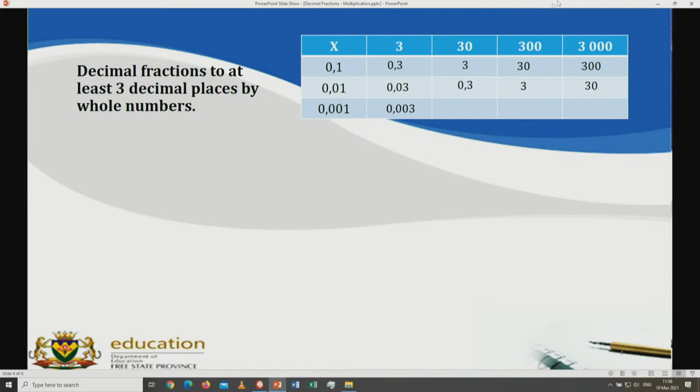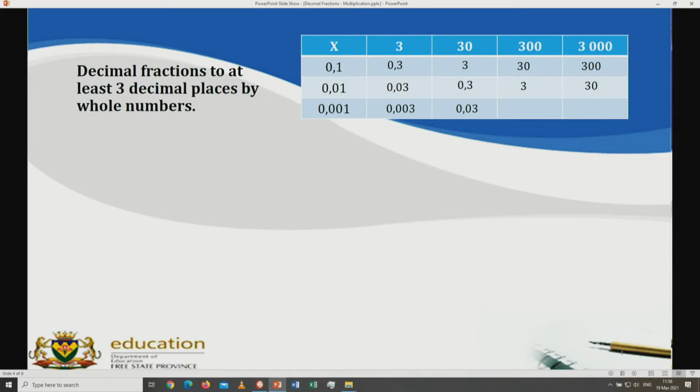Now, 30 divided by 1,000 is how much? It's 30/1,000, which will be how much? 0,03, because we have simplified: 30 divided by 1,000 is the same as 3 divided by 100. Remember simplification.